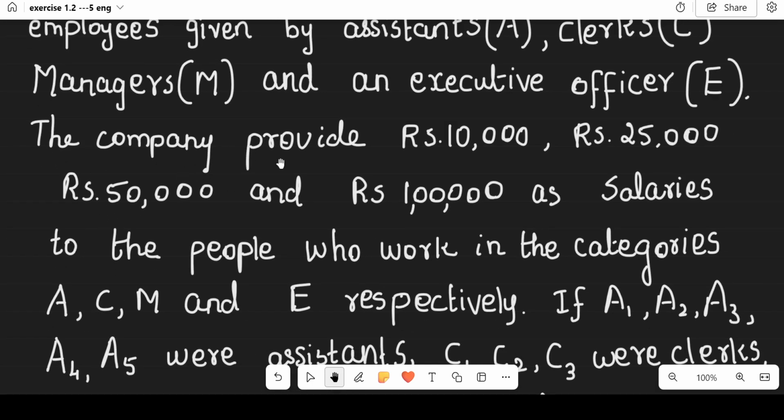And the company provides rupees 10,000, 25,000, 50,000, and 1 lakh as salaries to the people who work in the categories A, C, M, and E respectively. Okay, this company is providing rupees 10,000 for A, that is assistants, and 25,000 for clerks, and 50,000 for managers, and 1 lakh for executive officers.